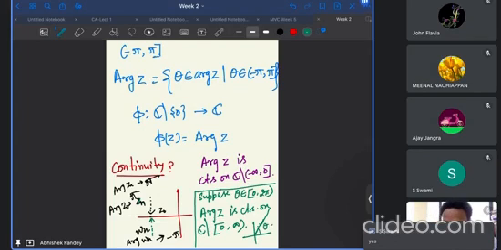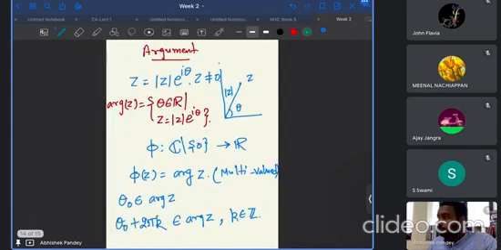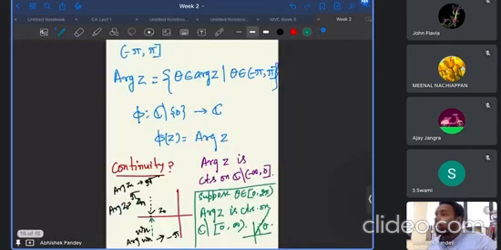This concept of the branch of the argument is very useful when you define the branch of a multivalued function, which we will see later, like log z, root of z, those kinds of functions. This is the backbone for that. For the argument, I don't see any question other than this one. So all the fundamental things regarding the argument can be calculated.